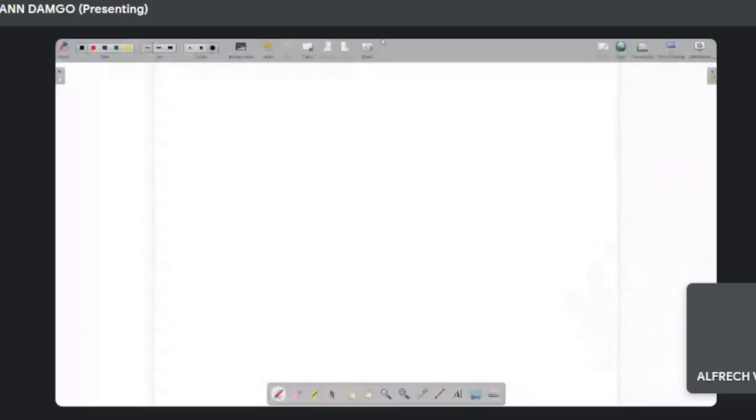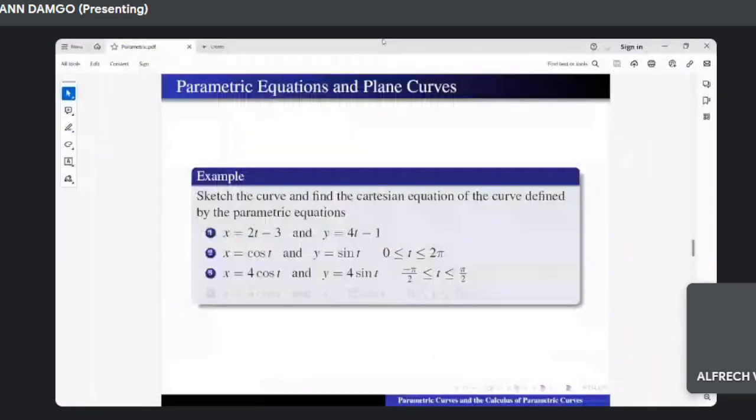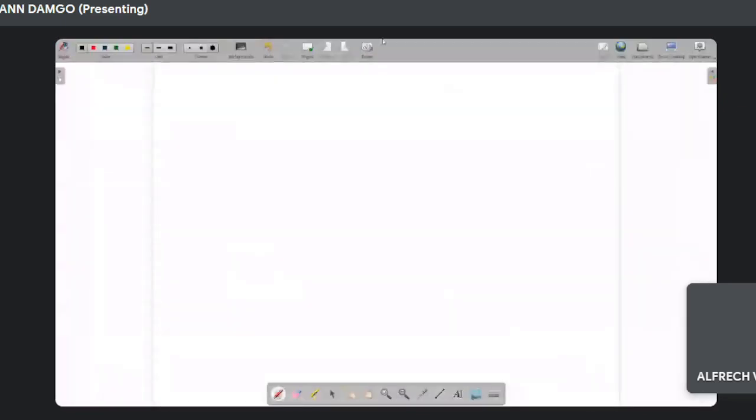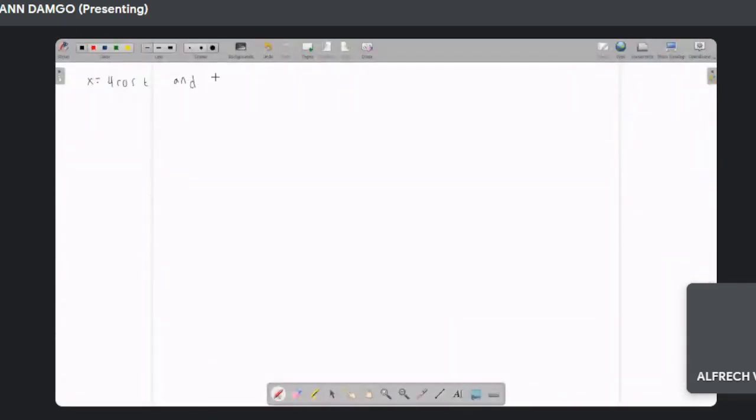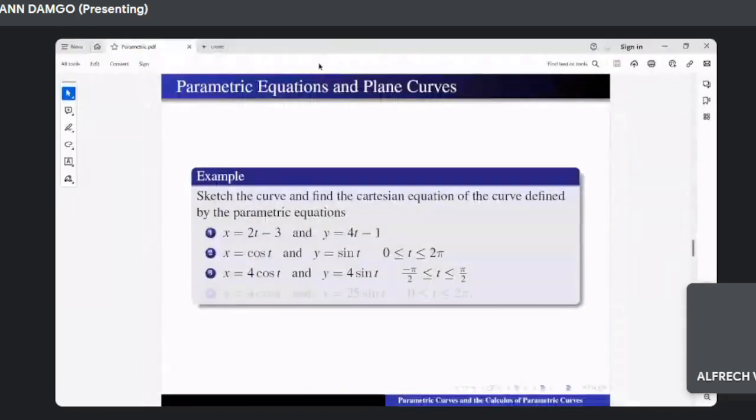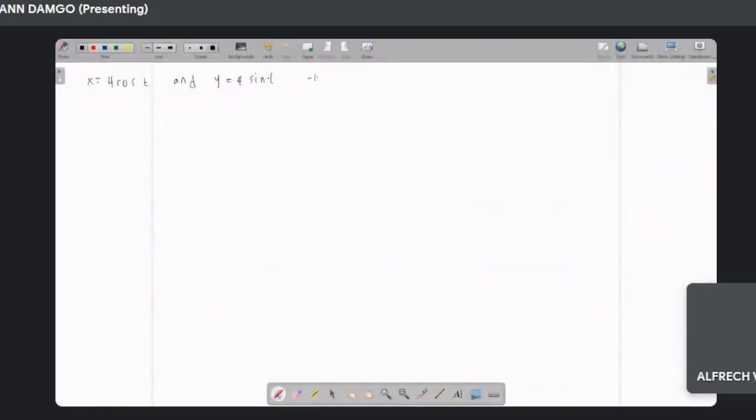Okay, so for number 3, we have x is equal to 4 cosine t and y is equal to 4 sine t, and our t here is restricted between negative pi over 2 to pi over 2.